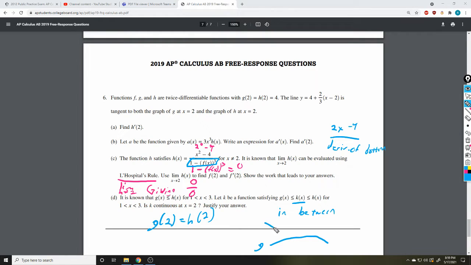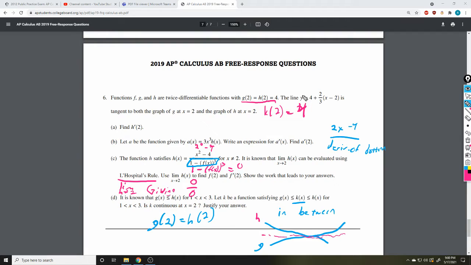This might be h, and at 2, they cross into each other. So this is h, my top function. k is in the middle. If k is in between, then there's nowhere else for k to go but to be also at 4. So k of 2 is also 4.